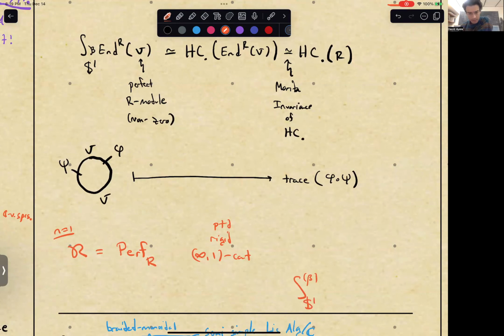That's the most interesting compact one-manifold. However, by Morita invariance still, that's indistinguishable from R. So you don't get a new value, but it is a nice way to find even more symmetries.